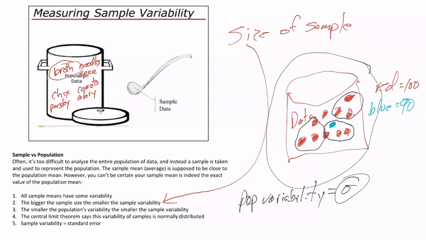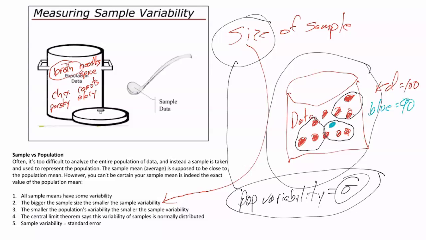Sigma is a measure of the variability in your population. So to boil it down, when we're looking at samples, we need to consider the size of the sample, but we also need to consider the variability of the population, or sigma.